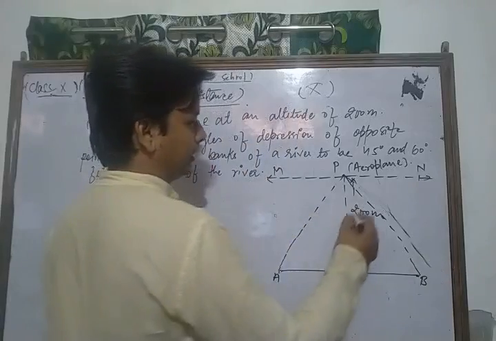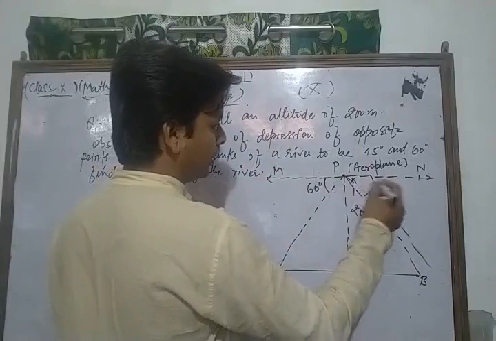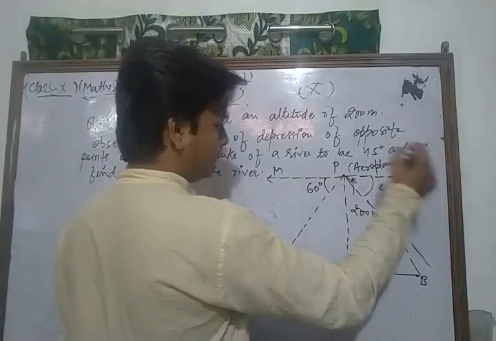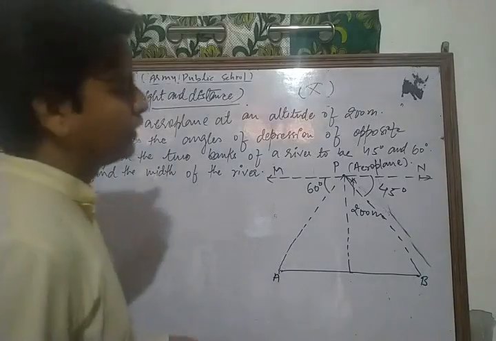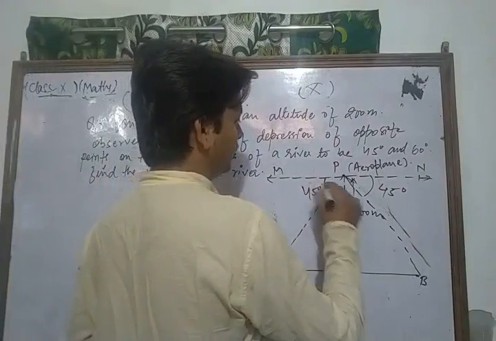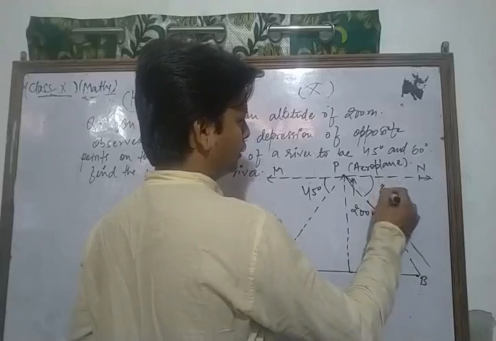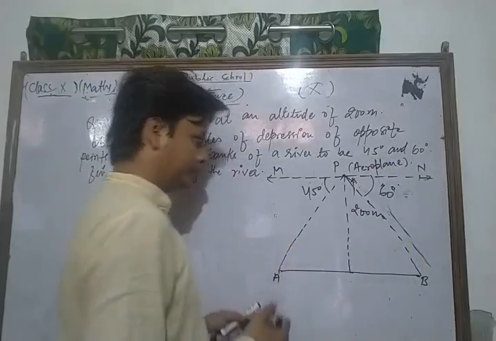Suppose this is 60 degrees and this is 45 degrees respectively. From this point it is 45, and from this point you take 60 degrees.